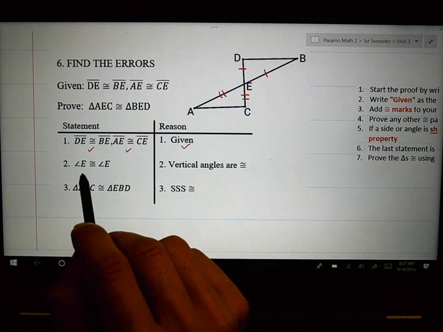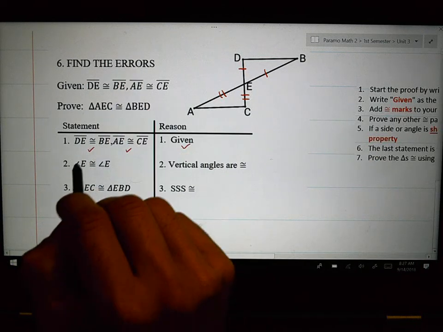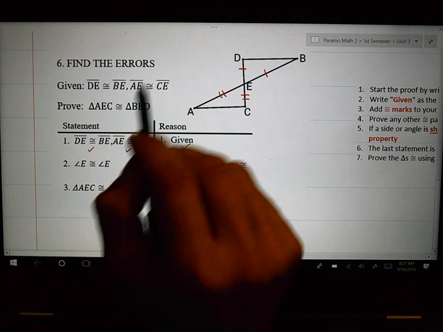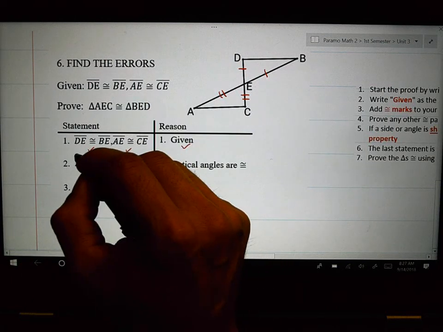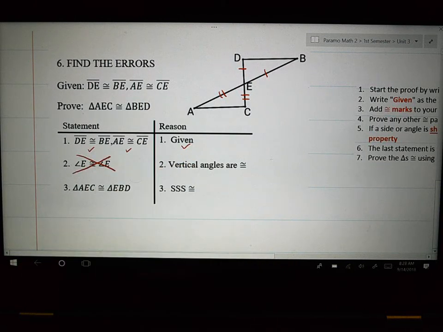So there's an error in the way that person did this. They made an error. I'm going to put a line through this, an X. It cannot be angle E is congruent to angle E because you need three letters. Just like we talked about before.